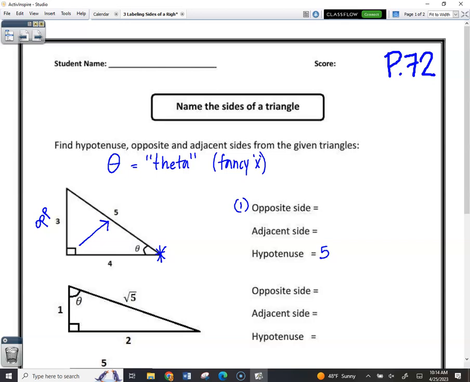The 4, which is touching it, which is why it's called adjacent. So I would label the adjacent side last because it's going to be the one left over. So our opposite is 3 and our adjacent is 4. Told you. Please practice those 4, and within just a few minutes of that, I should be right back.